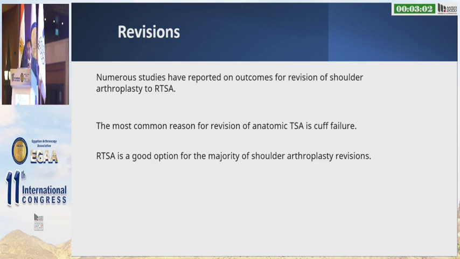Also revisions. Numerous studies have reported outcomes of revision arthroplasty using conversion of hemi or total arthroplasty to reverse shoulder replacement. The most common cause of failure of anatomic shoulder replacement is cuff failure, so the reverse shoulder was suggested to be a good option for the majority of arthroplasty revisions.